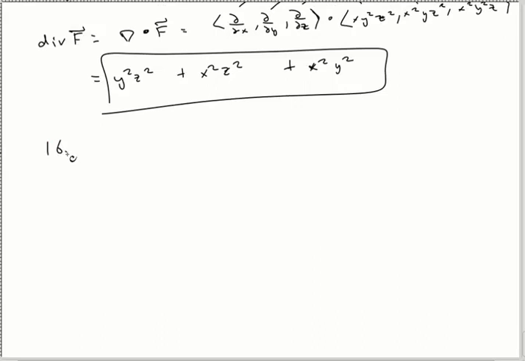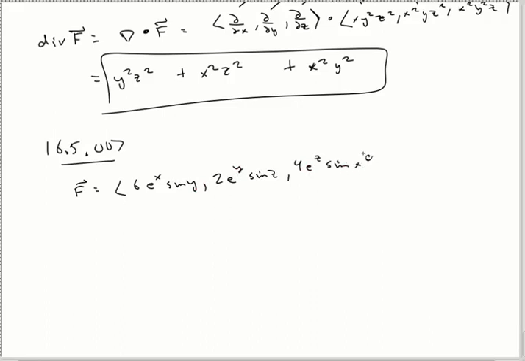So now I have 16.5.007. I have my f vector equal to 6e^x sin y, 2e^y sin z, and 4e^z sin x. I think they wanted to make it confusing on us on purpose.